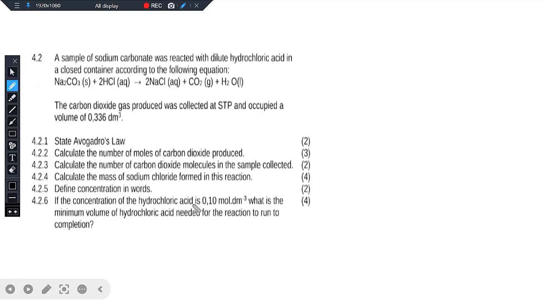We are given that the concentration of hydrochloric acid is 0.10 mole. What is the minimum volume of hydrochloric acid? So they want the volume of the hydrochloric acid needed for the reaction to run to completion. This time around, we have already calculated the number of moles of carbon dioxide. Now it's time to compare it to the hydrochloric acid that we are looking for.